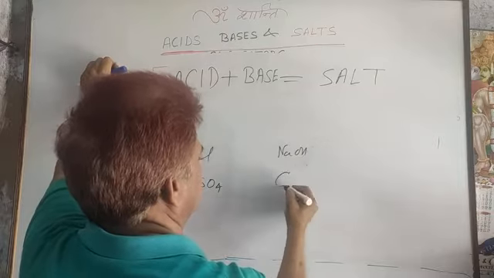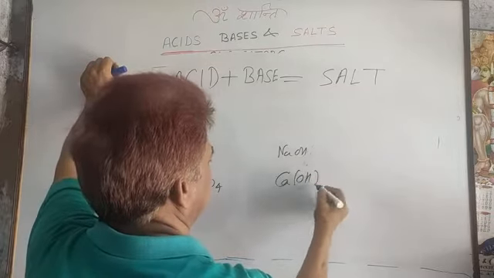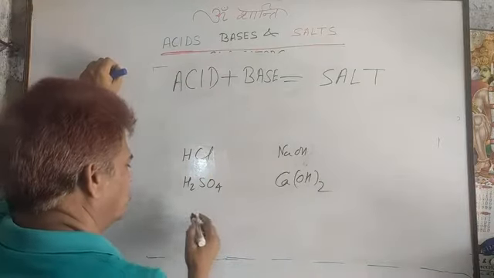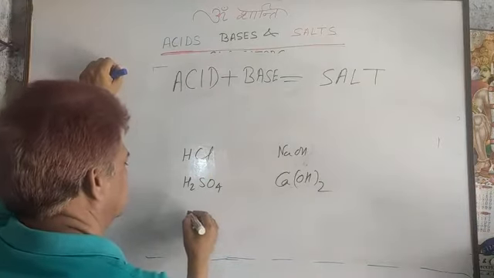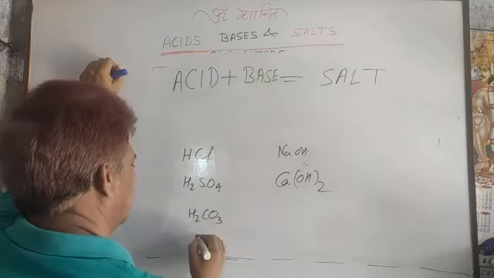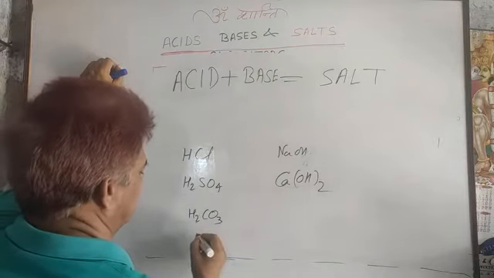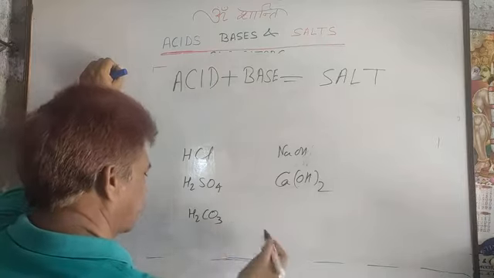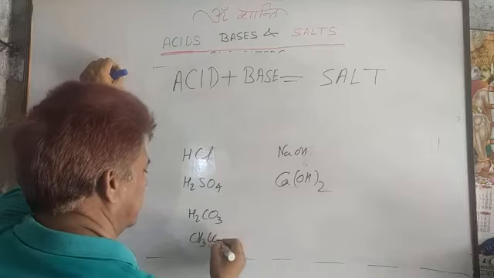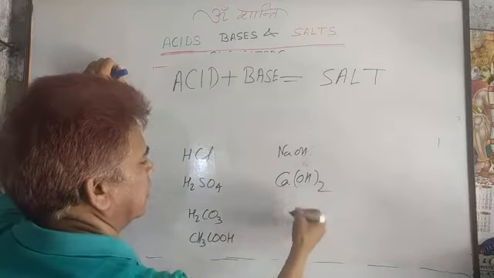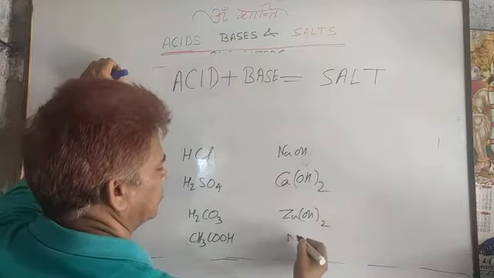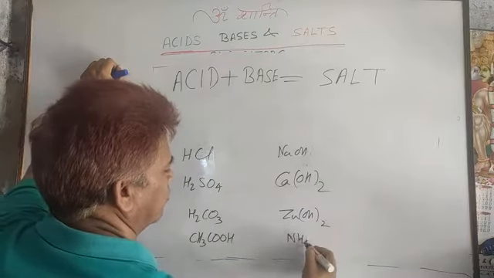Then take 2 weaker acids, carbonic acid and the other you can take phosphoric acid or acetic acid, suppose an organic acid. And for weaker bases, zinc hydroxide and another you can take ammonium hydroxide.